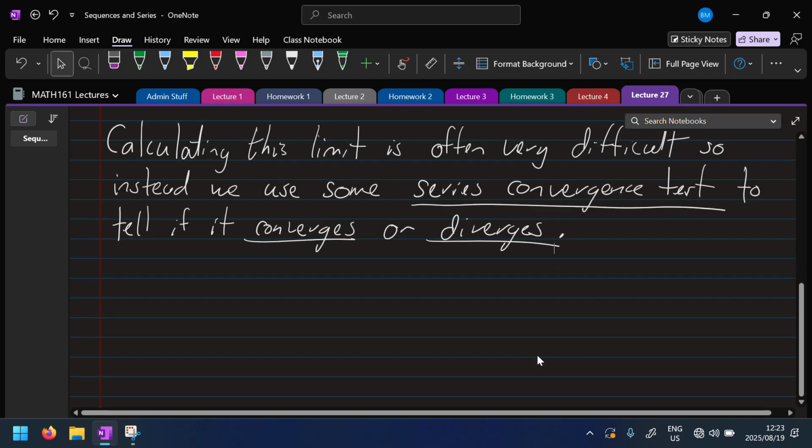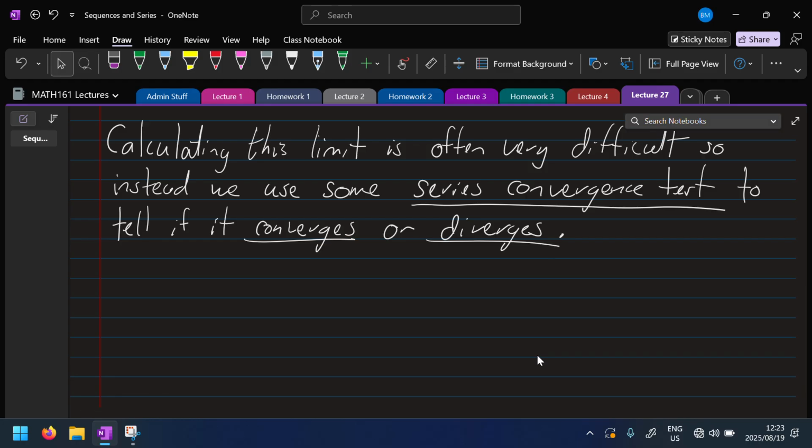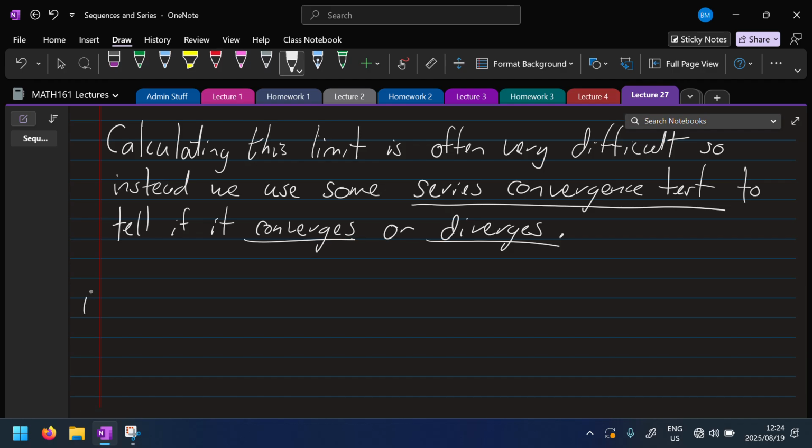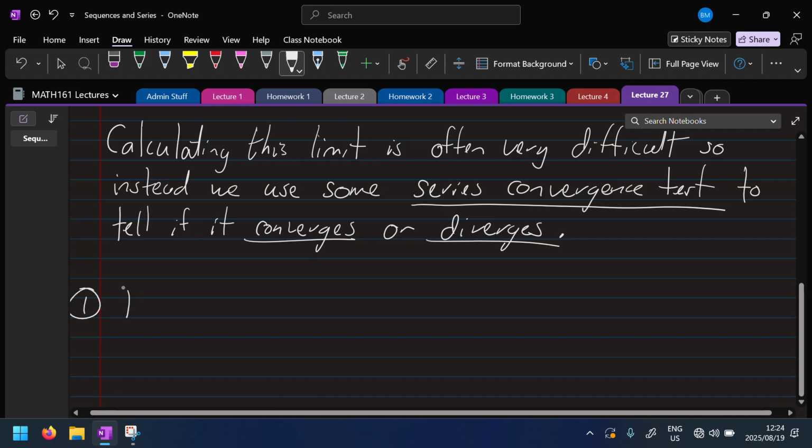So there'll be these 10 tests, and depending on the test, you'll be able to tell if it converges or diverges. For example, you calculate this limit, and if the limit is greater than 0, it converges. Otherwise, it diverges. It'll be something like that. There's 10 of them. You need to know all 10. Number 1, the test for divergence.